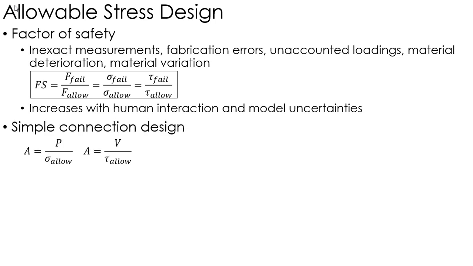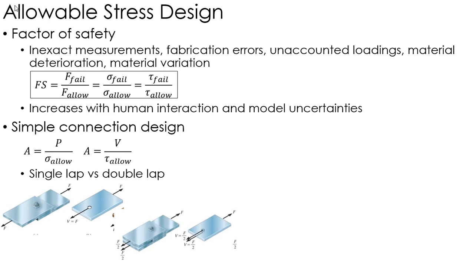So to figure out this allowable stress, you determine what kind of factor of safety you need, and then you can basically design connections by choosing a proper area for the stress. You'll know based on the model what kind of loads you have, then you basically say, okay, I need this sort of an area to hold that load. So it's just rearranging that stress equation that we had before.